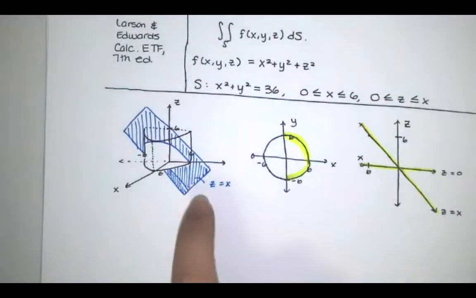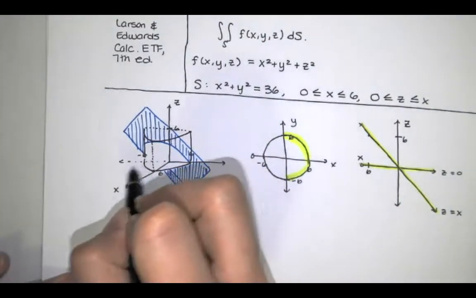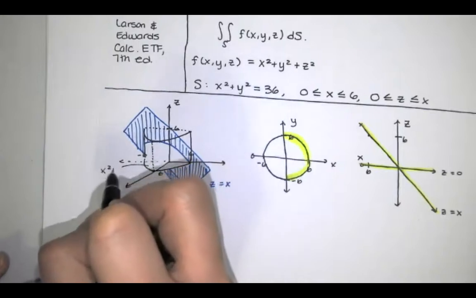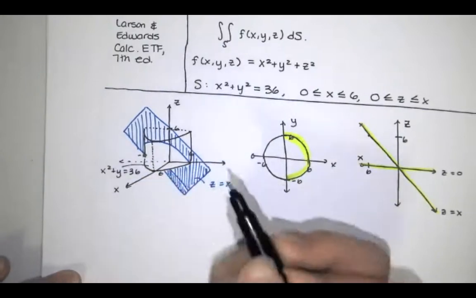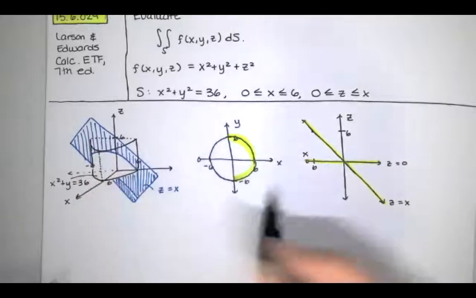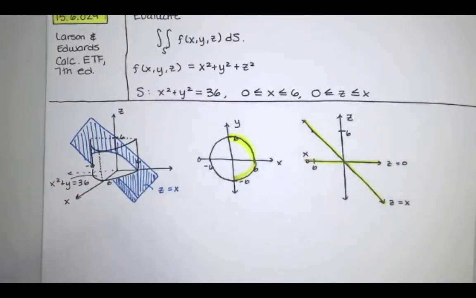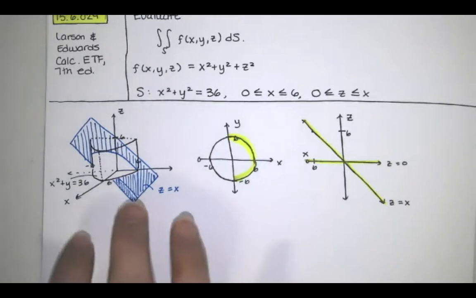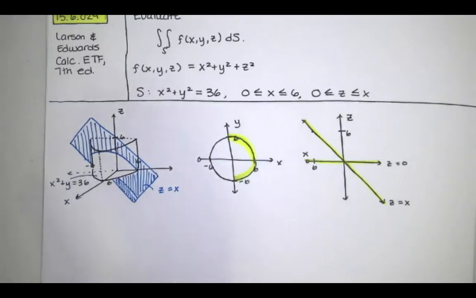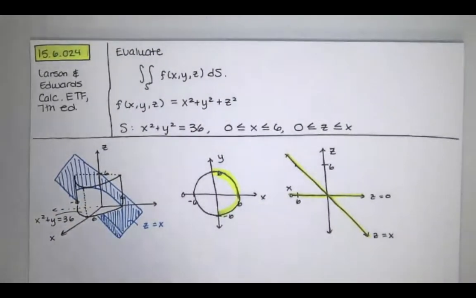That's my attempt at drawing the intersection between this surface, which is given by x squared plus y squared equals 36, where we're just interested in that front part of the surface where x is between 0 and 6, and then we're intersecting that with the plane z equals x. In order to better visualize this, I'm going to show you how I graphed this in Calc Plot 3D, and then we'll come back to this and actually evaluate the integral that we were asked to evaluate.